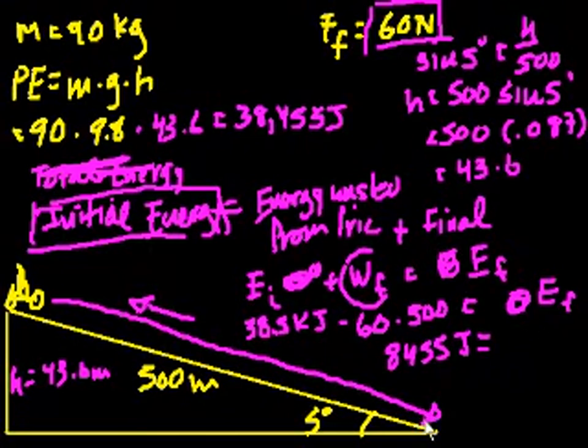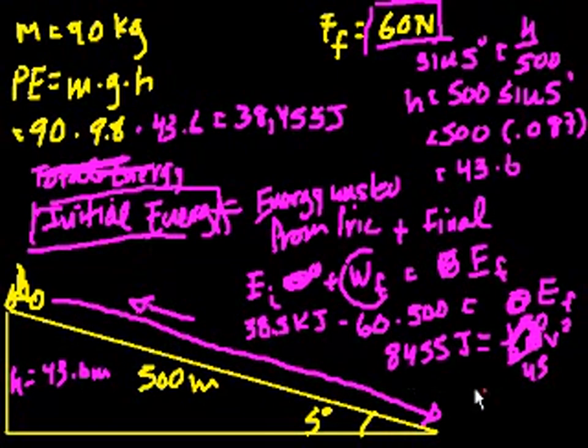And what is all the final energy? Well, by this time the rider's gotten back to, I guess we could call this sea level. So all of the energy is now going to be kinetic energy, right? And what's the formula for kinetic energy? It's 1/2 mv squared. And we know what m is. The mass of the rider is 90. So if we divide both sides, 1/2 times 90 is 45.